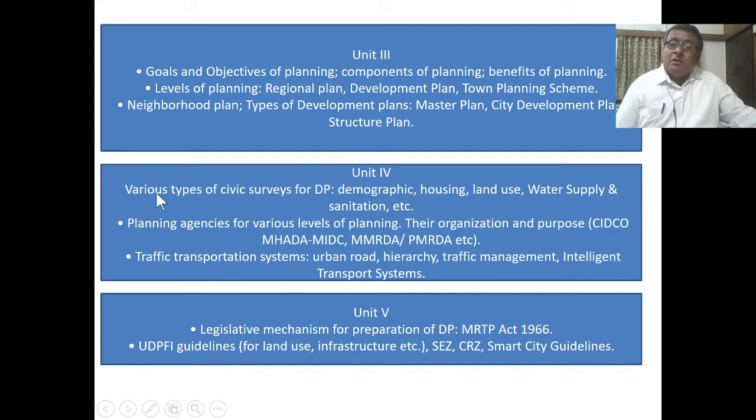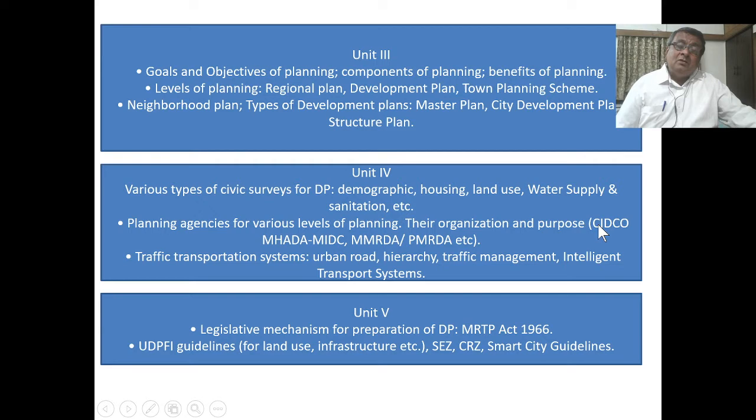Unit 4 comprises various types of civic surveys for development plan, that is demographic surveys, housing surveys, land use, water supply and sanitation, etc. Second topic covers planning agencies for various levels of planning, their organization and purpose.